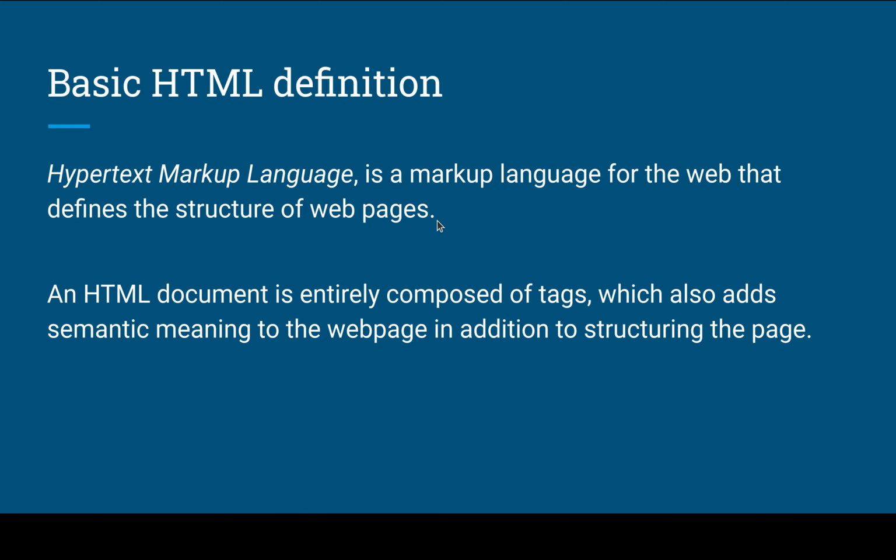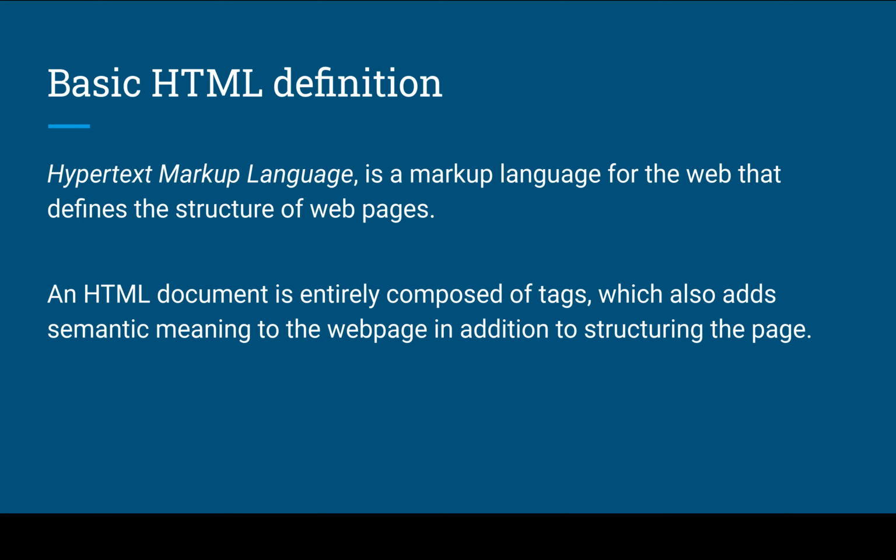So basically, the primary purpose of HTML is to give structure to a web page, right? If there's no HTML, there will be no structure to our web pages, right?